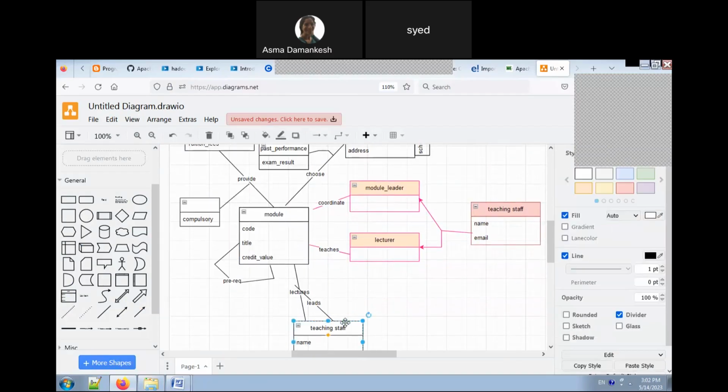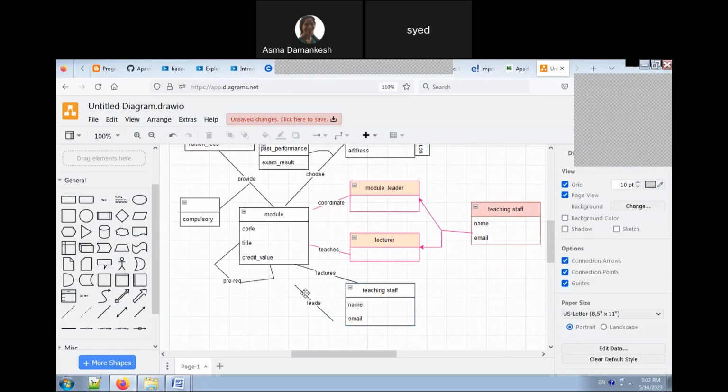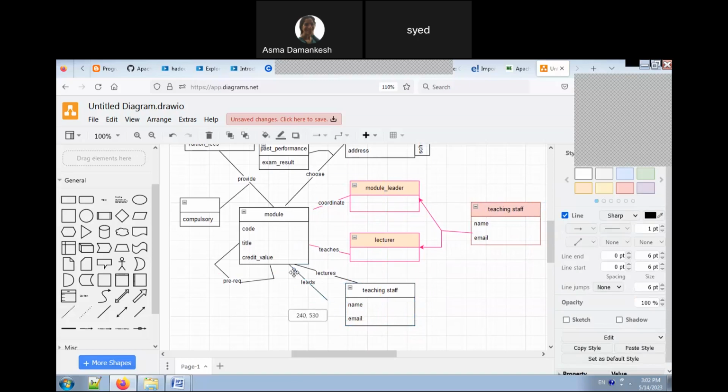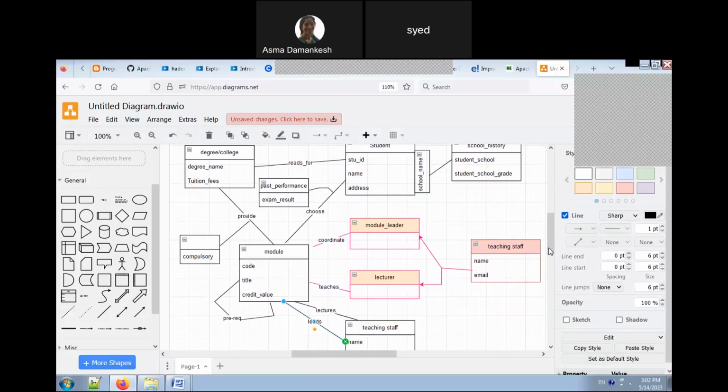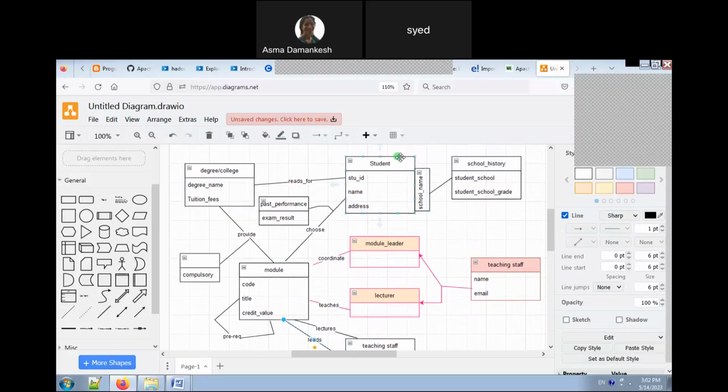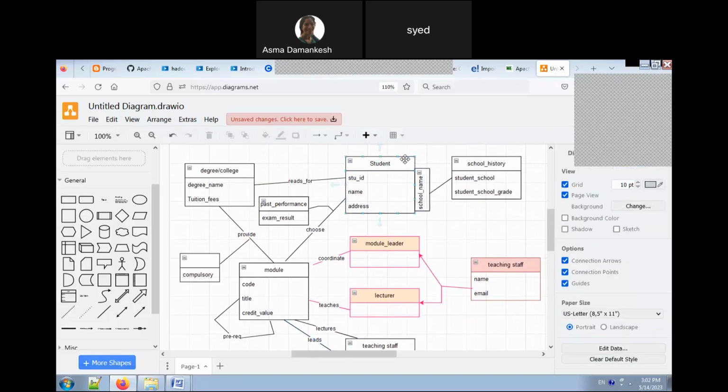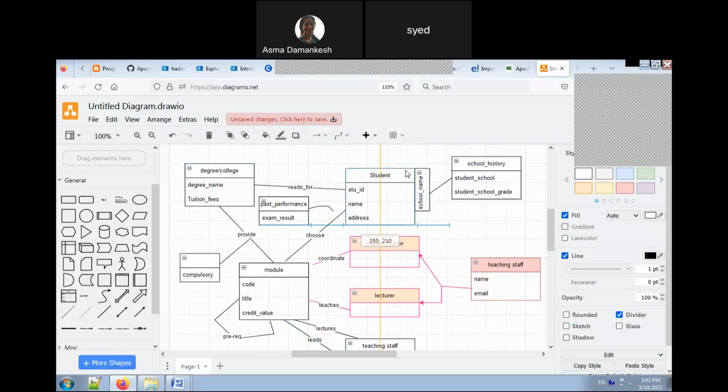We still have this part missing in there. Can I show everything? Let me see if I can make it much smaller. Okay, I'm going to move this down.